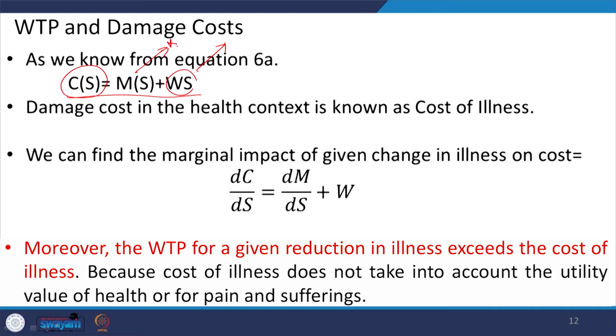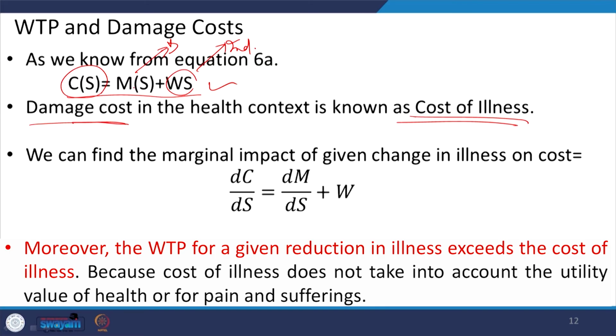So, this is a direct cost, this is an indirect cost. And the damage cost in this particular case would be known as the cost of illness approach, because we are only focusing on the case of health.